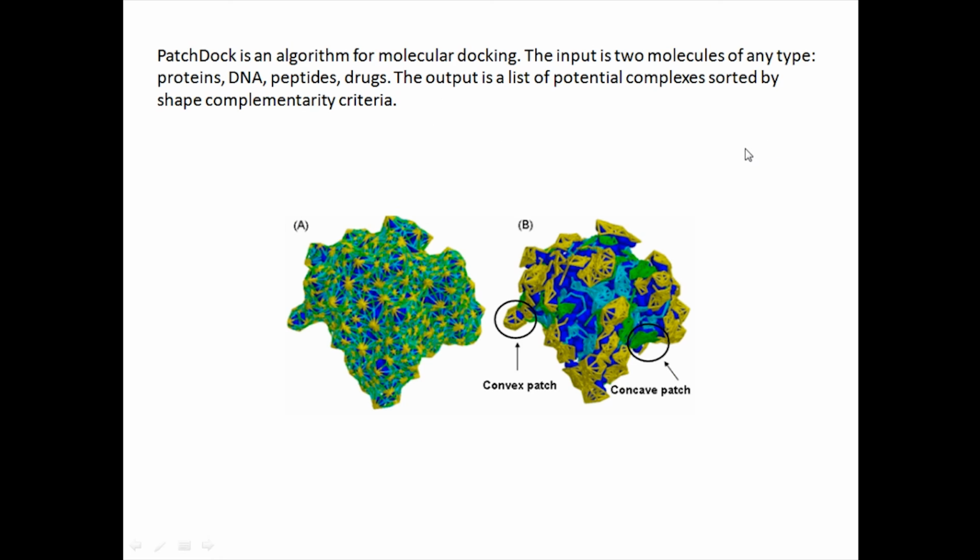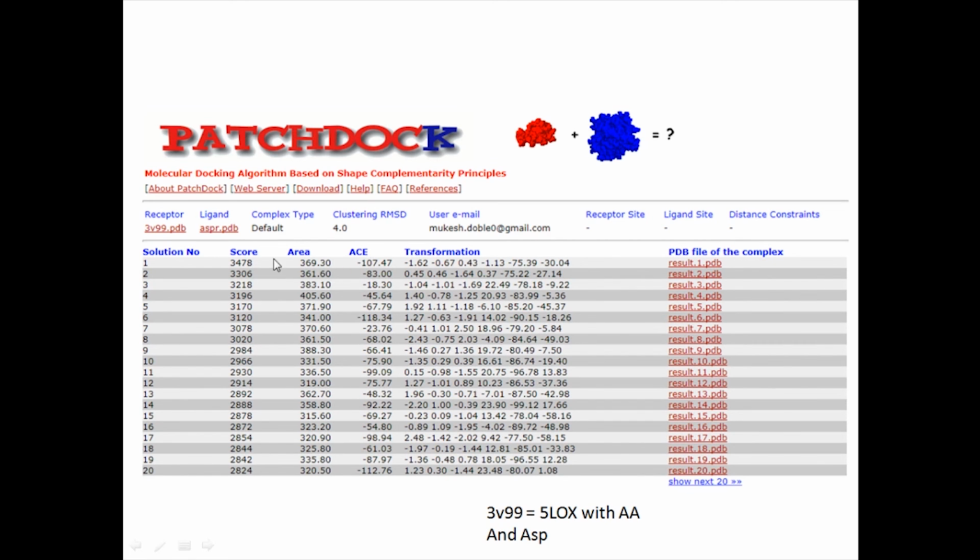It's just based on shape complementarity criteria. If you have a concave and the other ligand has a convex, and they match, we can say there could be an interaction or binding here. So this gives you the score.